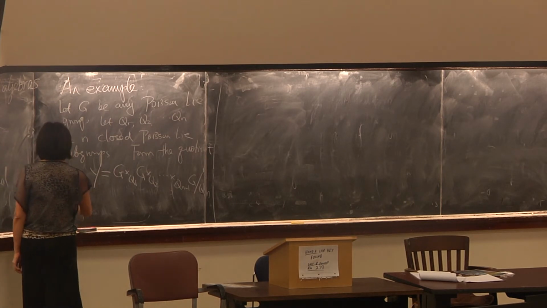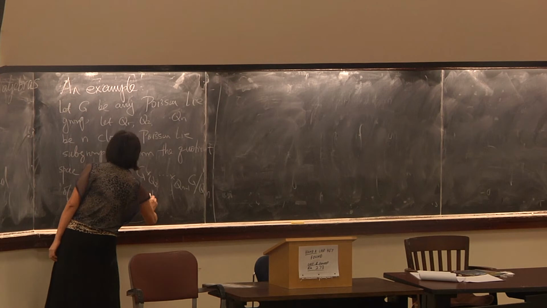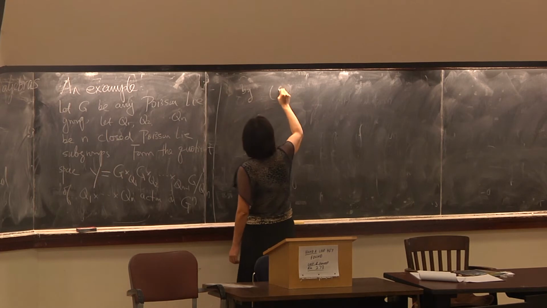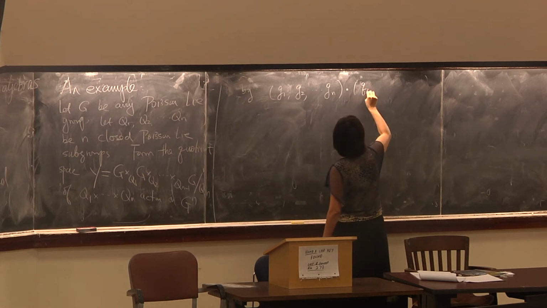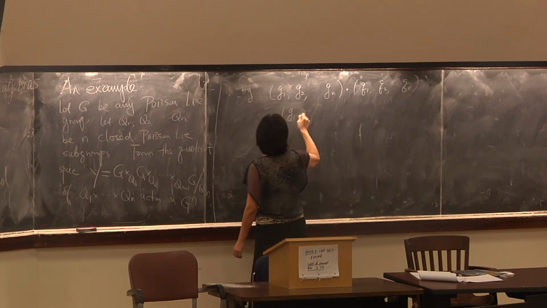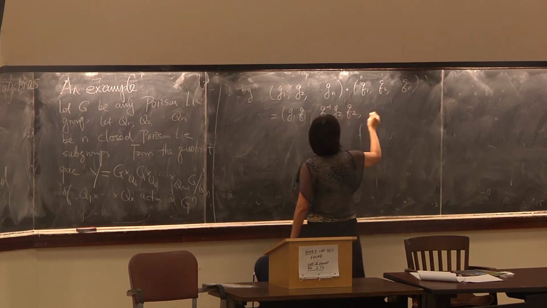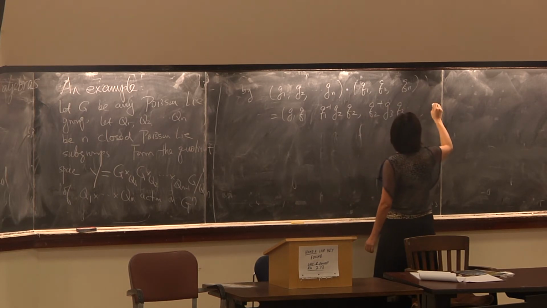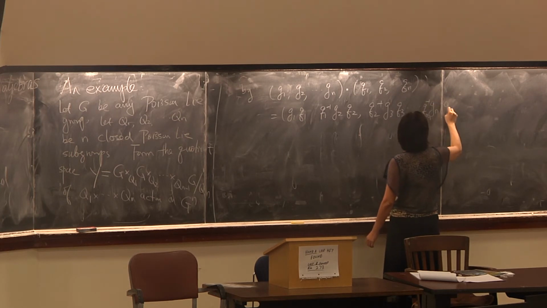This is the quotient of the action of Q1, Qn on n copies of G by the action g1, q1, q1 inverse, g2, q2, q2 inverse, g3, q3, and so on. So here you have gn, here you have q(n-1) inverse, here you have qn.